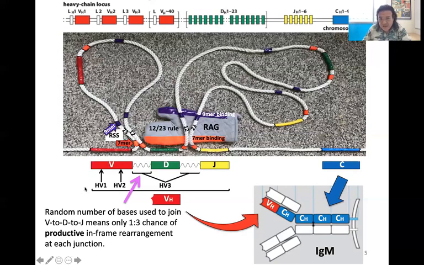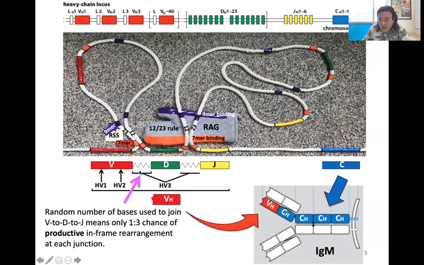Right? So we said that those surfaces utilize these highly variable loops, right, these highly variable domains, and we said that 2 out of the 3 loops come from just your choice of which V block that you choose. And then the third loop is a product of that random process of linking together the cut rope, right, or the cut DNA that has to be joined back together again. Right?